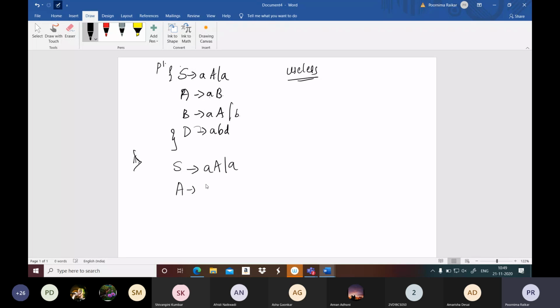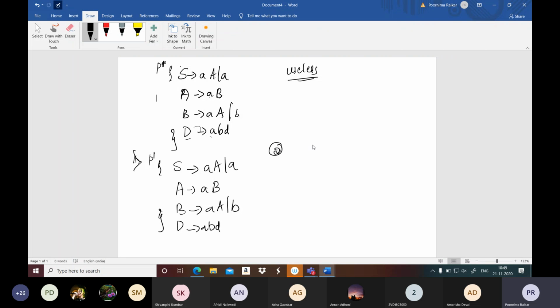B also I can consider. But with D, in the first step I can consider it because all are terminals only. So I can take this as P dash after applying the first step.